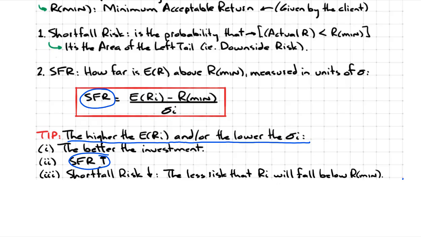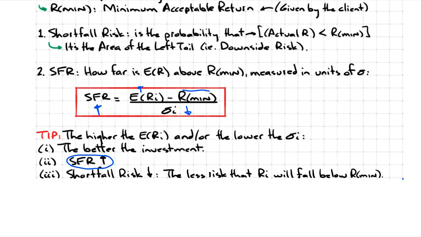So if you're told that an investment has a higher return and or lower risk, naturally that would mean it's a better investment. So what I'm trying to do here is make the connection between a higher safety first ratio and whether that's a good thing or a bad thing. And there's the demonstration. A higher safety first ratio coincides with a higher expected return and lower risk.